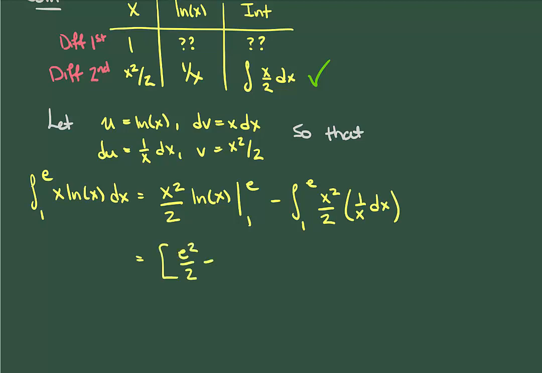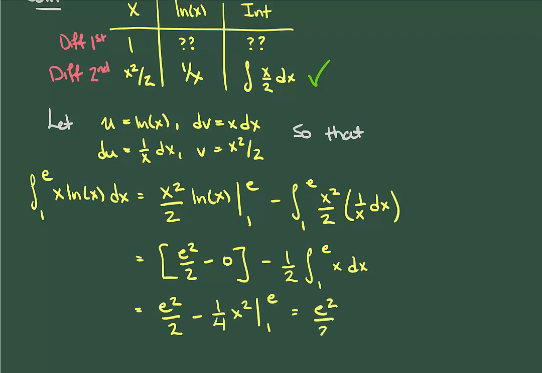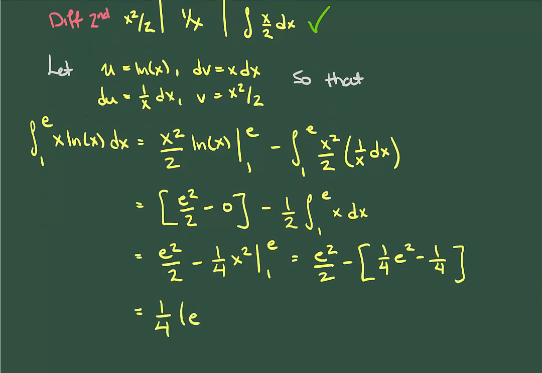I'm going to evaluate that first term and simplify the second like so. And doing the last integral and a bit of cleaning up is then going to give us the answer. Integration by parts is thus another very useful tool that comes from reversing one of our differentiation tools.